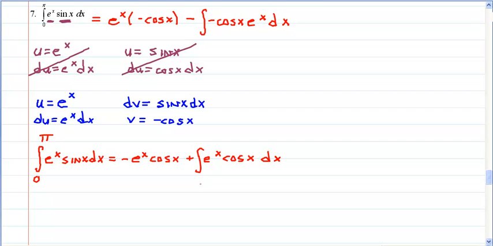So it seems as though integration by parts did not help, but I'm going to pick u equal to e to the x again, du equal to e to the x dx, and then dv equal to cosine x dx, so that v is equal to sine x.